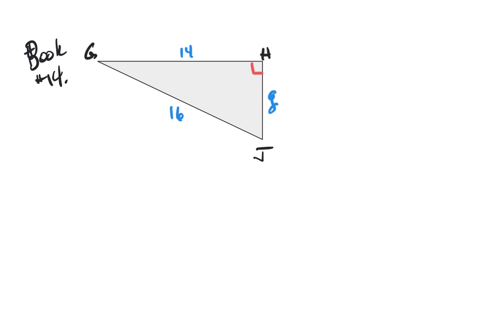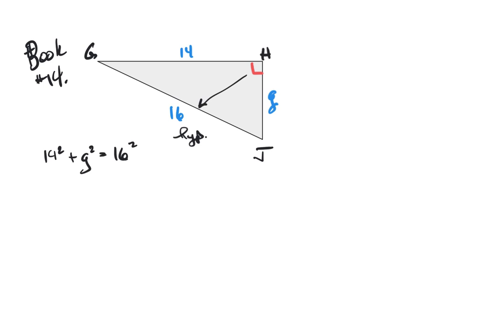So whenever we know 2 out of the 3 sides, Pythagorean theorem. I'm just going to highlight for everybody, directly across from the 90-degree angle is the hypotenuse. So therefore, Pythagorean theorem is going to be leg squared plus leg squared equals hypotenuse squared.